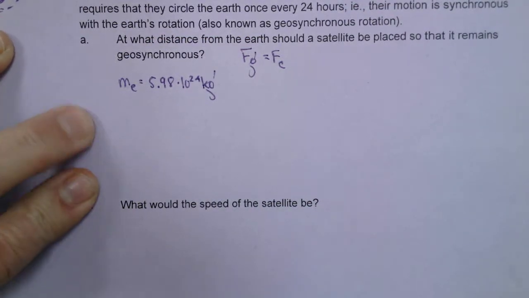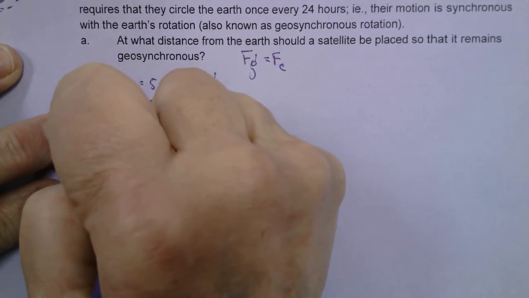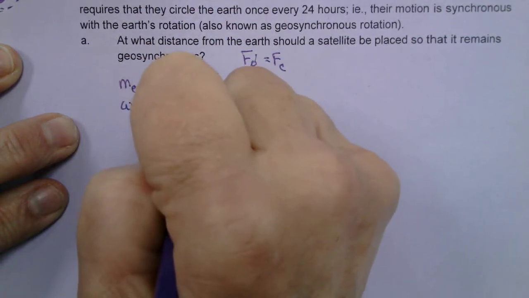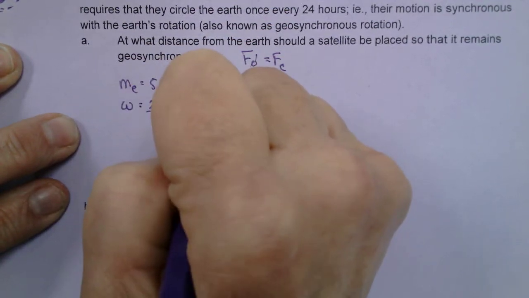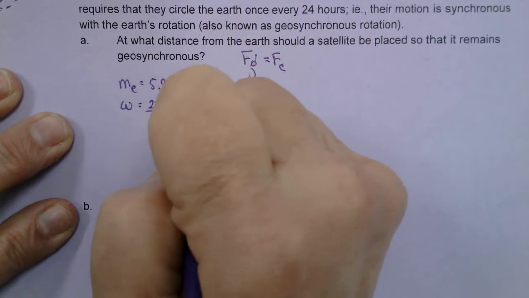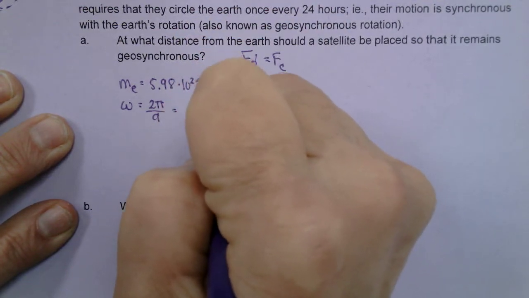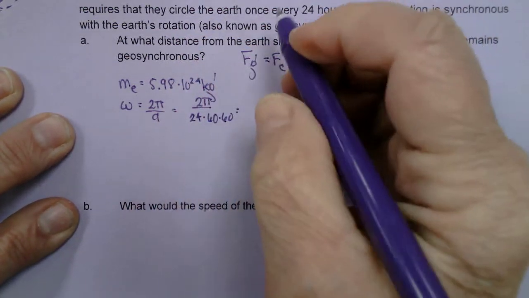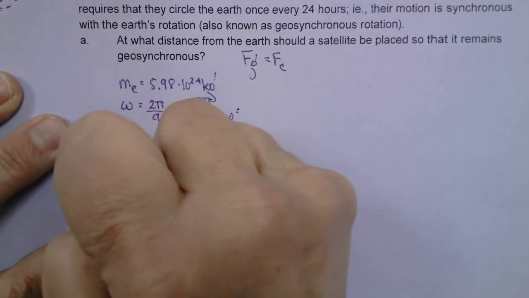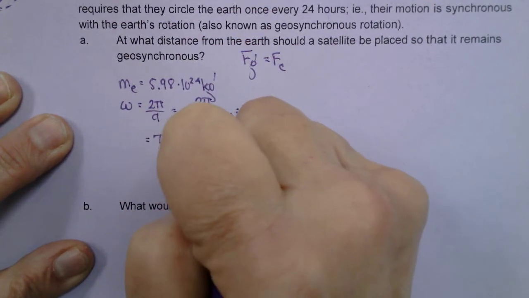Well, if it's geosynchronous, I know that its angular velocity is 2 pi per day, which is the same as 2 pi per 24 hours in a day times 60 minutes in an hour times 60 seconds. You do that, and we've done this before. It's 7.27 times 10 to the negative 5 radians per second.